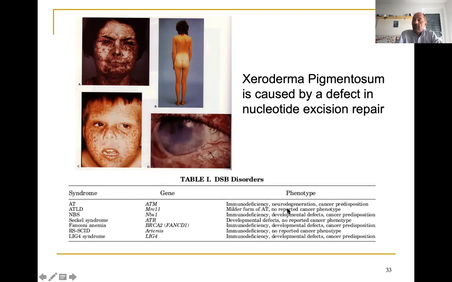You have immunodeficiency, neurodegeneration. You see how DNA repair is related also to neurodegeneration, and of course, cancer predisposition. Then you have other syndromes, ATLD, NBS, Seckel, Fanconi anemia, and so on, that are related to specific defects in genes involved in DNA repair.